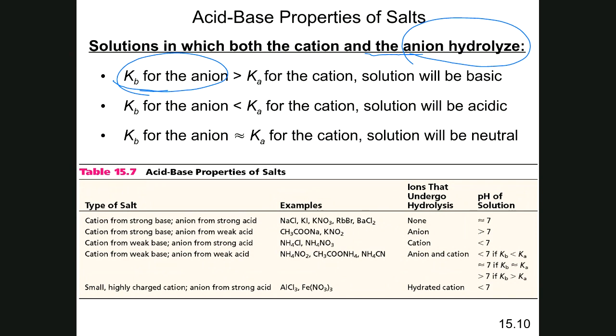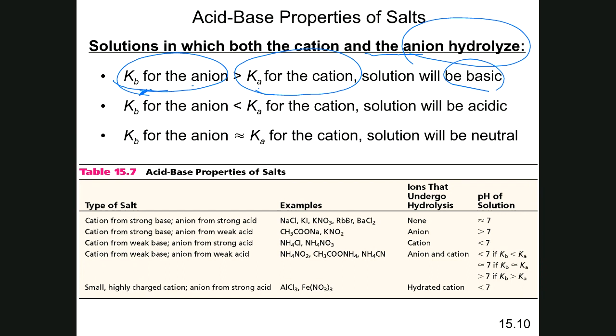Stronger base means it has a higher value for Kb, or it's coming from a stronger acid. The cation is coming from the base in the salt, and the anion is coming from the acid. So you would look for the Kb for the anion and the Ka for the cation, and then you can decide if it's going to be acidic or basic.